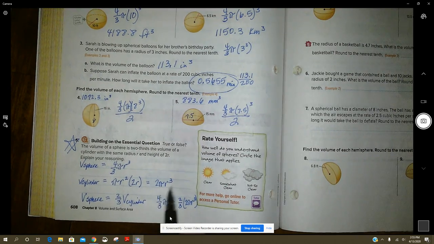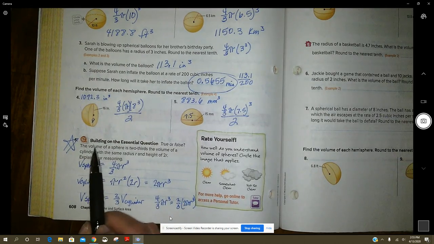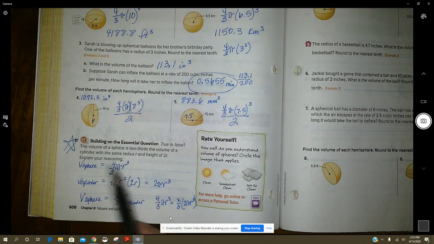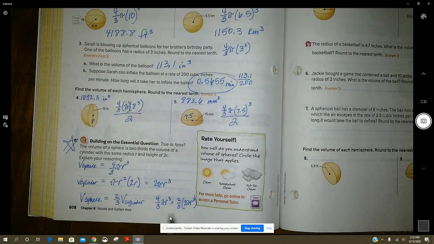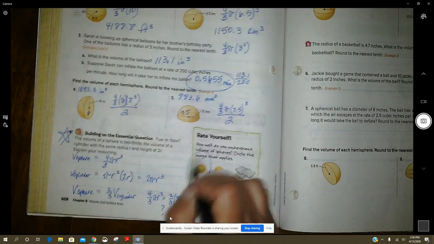So that simplifies to 2 pi r cubed. And if I go back, it says the sphere is 2/3 the volume of the cylinder. So 2/3 times the volume of the cylinder. So I just put these in. And are these the same thing? That is the question. Okay, see what you end up getting.